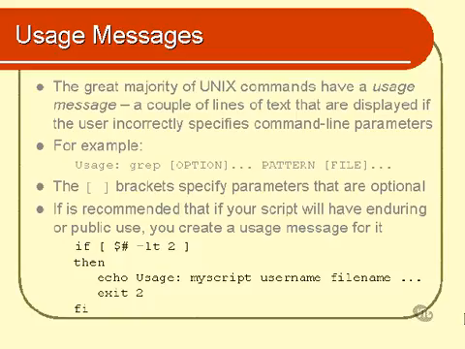If the number of parameters is less than 2, so let's assume that this particular shell script requires 2 or more parameters, then echo out usage, colon, and then the name of your script followed by the actual 2 parameters that are mandatory, which might be a username followed by a file name. Now I've put ... there, meaning that we can actually specify several file names. And then of course you exit the program because there is no way to continue because the user did not specify the correct options on the command line.